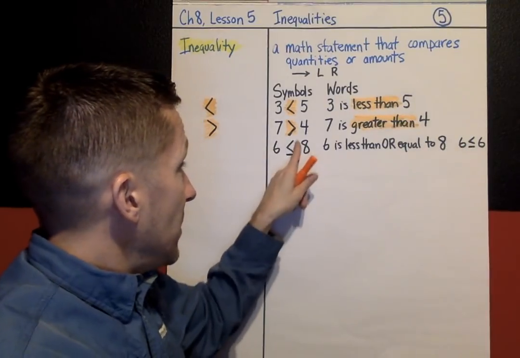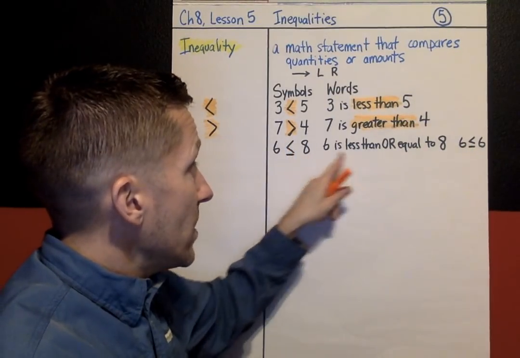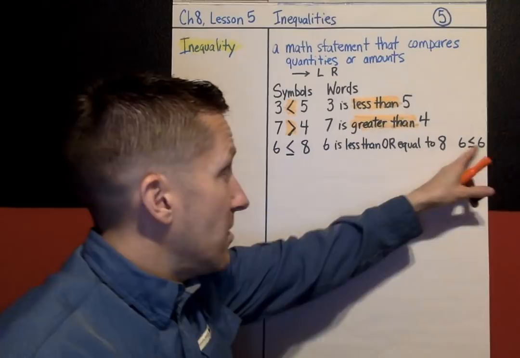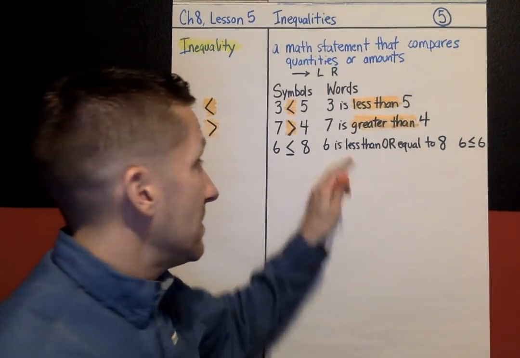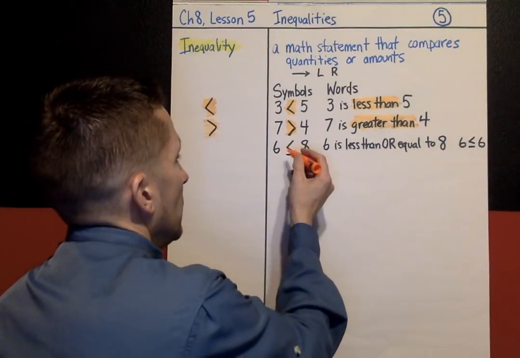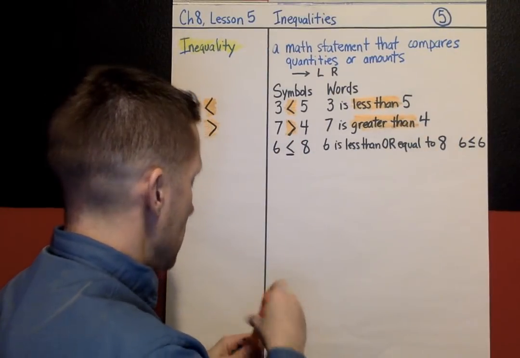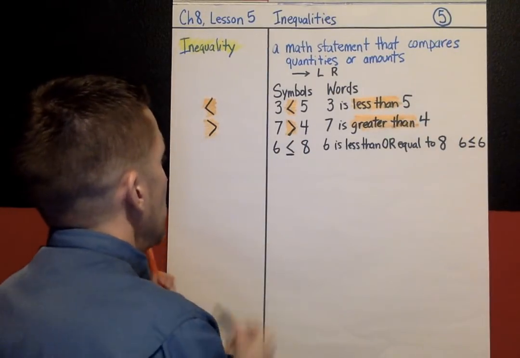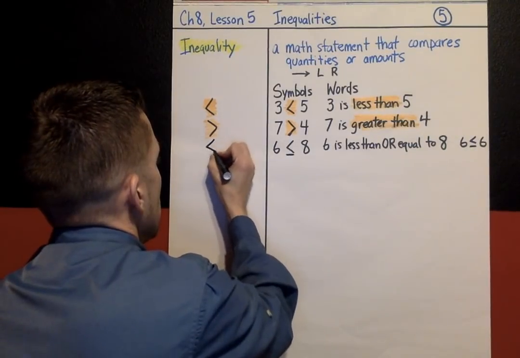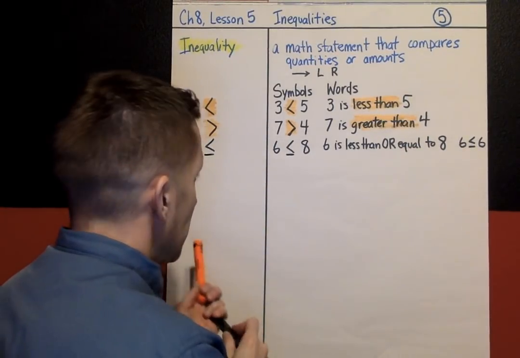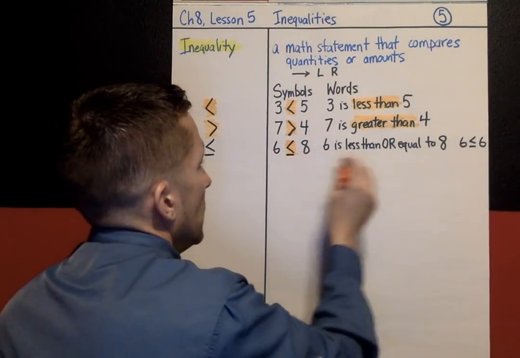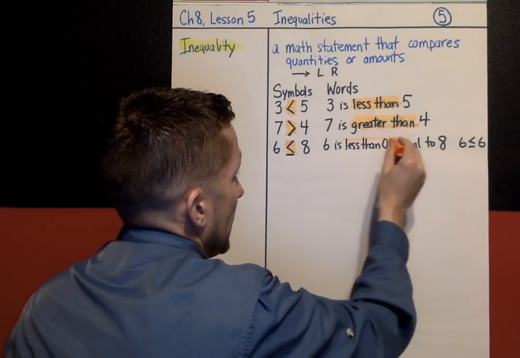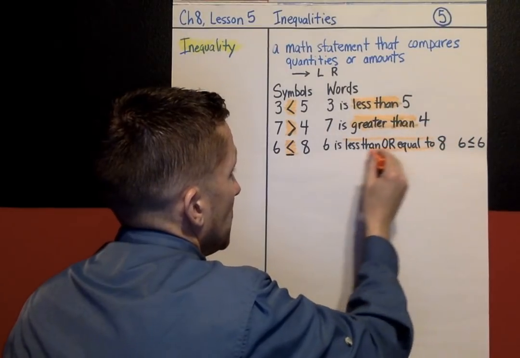But if I change the inequality to less than or equal to, I could use the same number on both sides because it's less than or equal. So this inequality, here it is as a symbol, and that means less than or equal to.